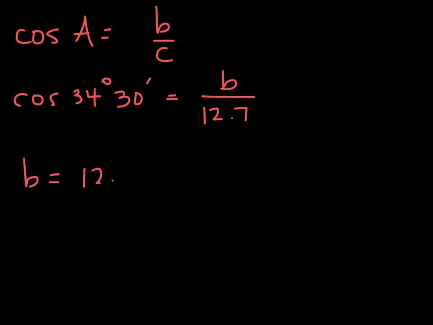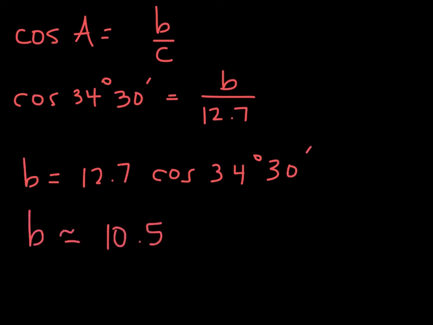So 12.7 times cosine of 34 degrees and 30 minutes, round to three significant digits to get that B is approximately 10.5 inches. Also, don't forget the units when you're writing down your final answer. This triangle is solved because every angle measure is now found and every side length.